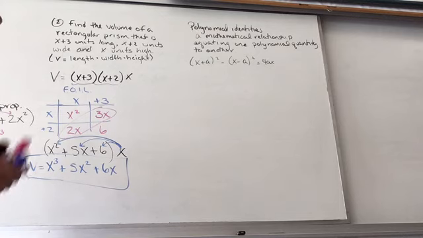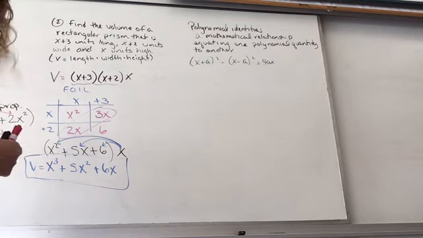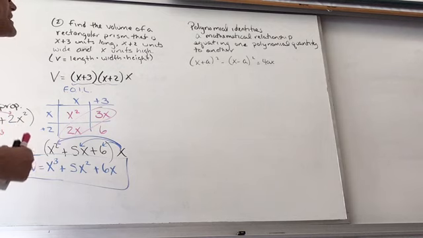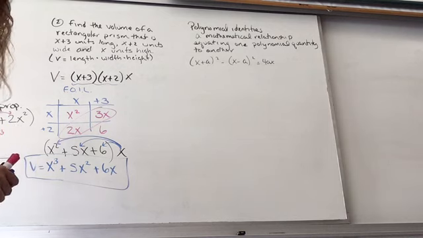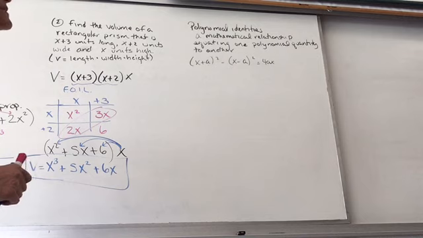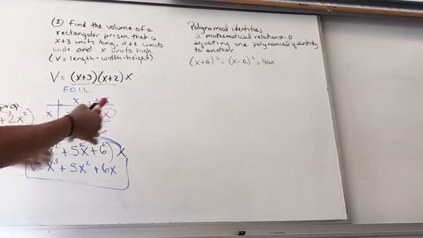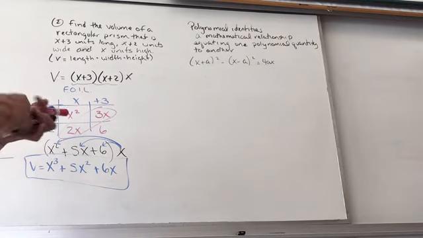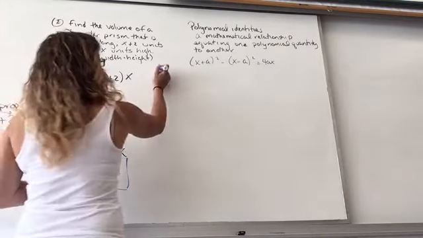Notice, there's not a lot of numbers up there. It's mostly variables. So I have x plus a squared minus x minus a squared, and that's supposed to equal 4ax. There's really nothing to do on the right side, so we're going to use the left side and expand things out.